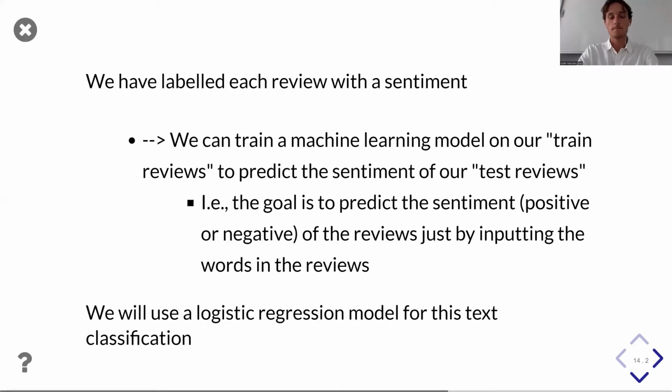So we might not know the sentiment of the text beforehand, but by training this machine learning algorithm, we can use it to predict whether the text is positive or negative. And the machine learning algorithm we will use is a logistic regression model, which is good for this text classification problem.